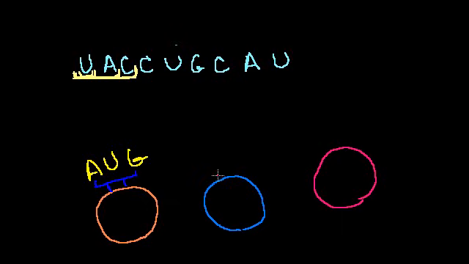And this one right here has the code, let's say, G, G, A, C.